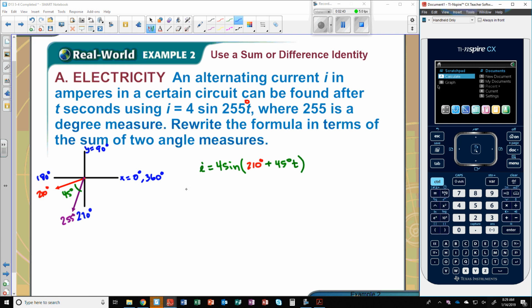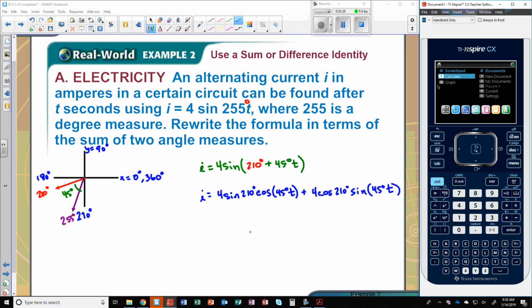We could say that I equals 4 sine of 210 degrees times cosine of 45 degrees t, plus 4, cosine comes first this time, cos of 210 times sine of 45 degrees t. All right, because I put the t right there with the 45. That's how I chose to do it.